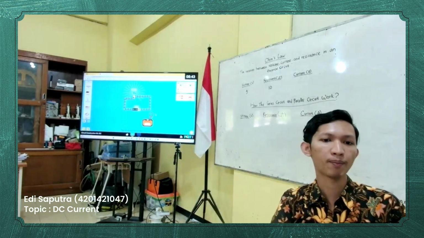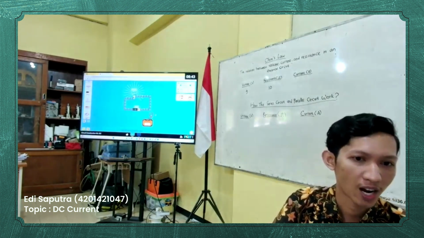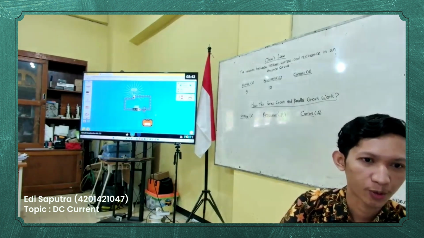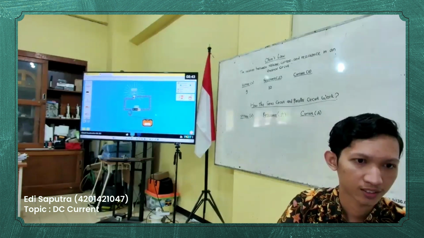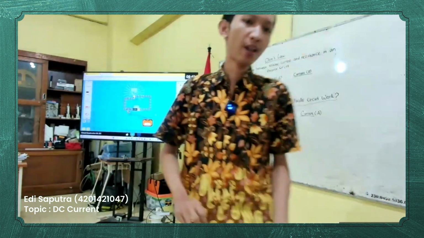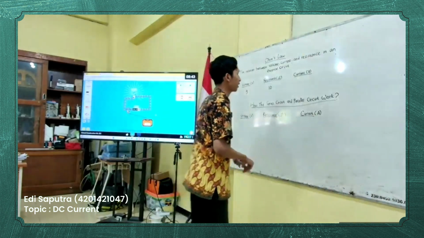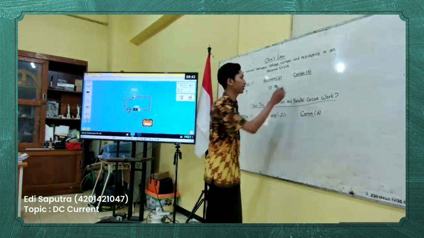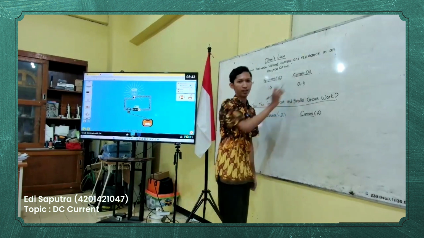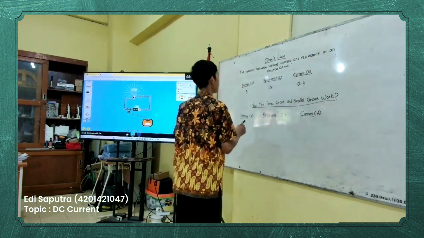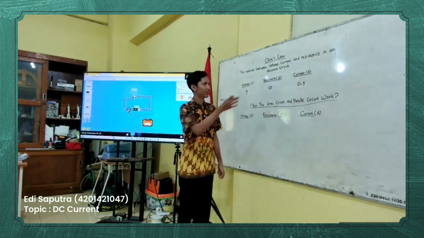We use the ammeter to measure the current of this circuit. You can see that everywhere in the circuit has the same current, about 0.9 ampere.